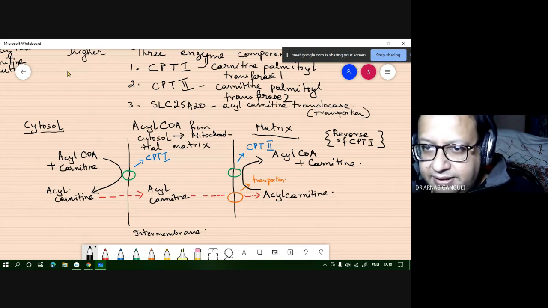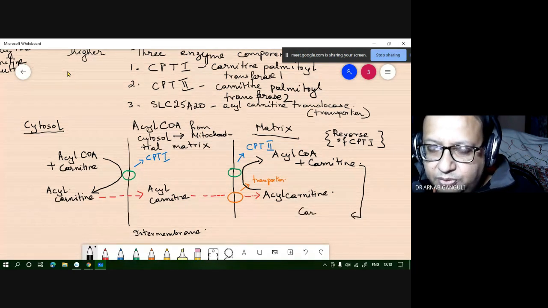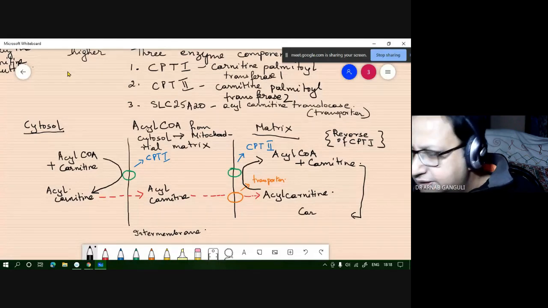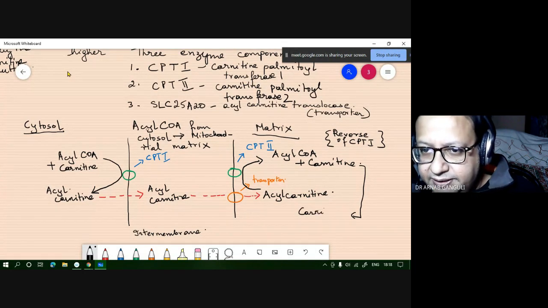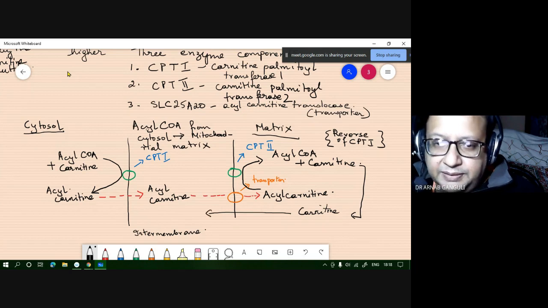And now this carnitine, small soluble carnitine, moves away and comes back out.